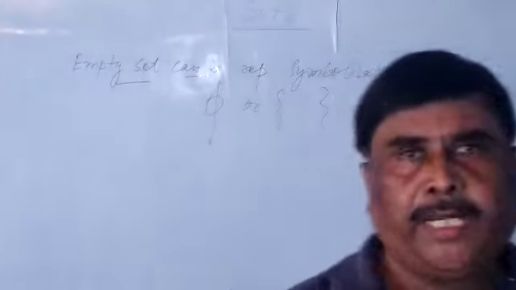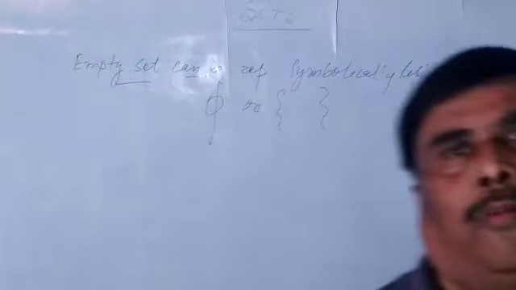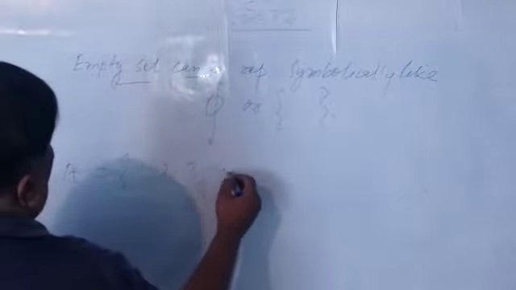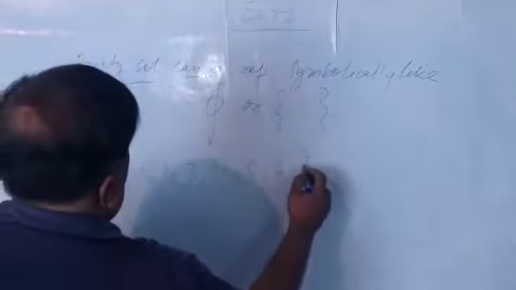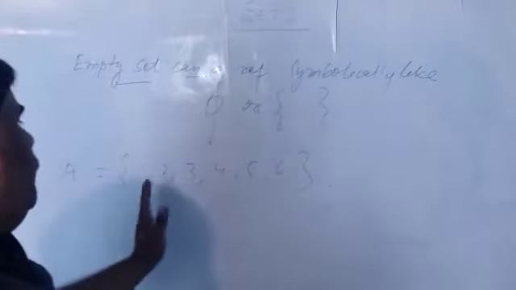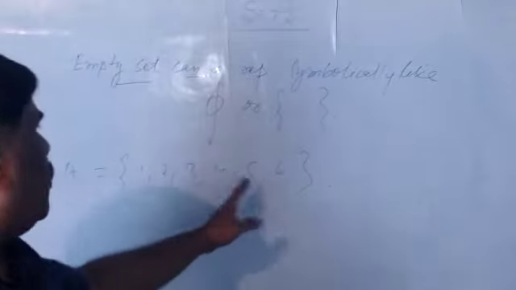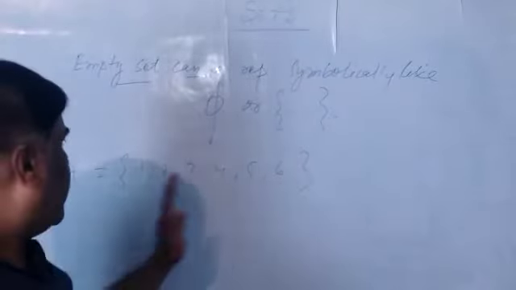But when we show a finite set in roster form, then we also use brackets, like A equal to {1, 2, 3, 4, 5, 6}. This is the method to show a set in roster form, in which all elements are separated by commas and covered by curly brackets.